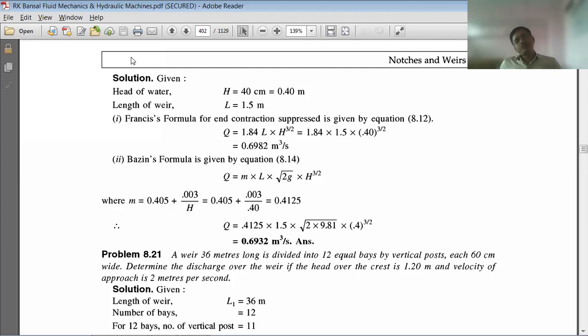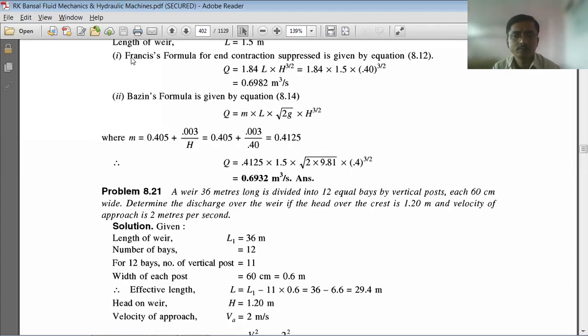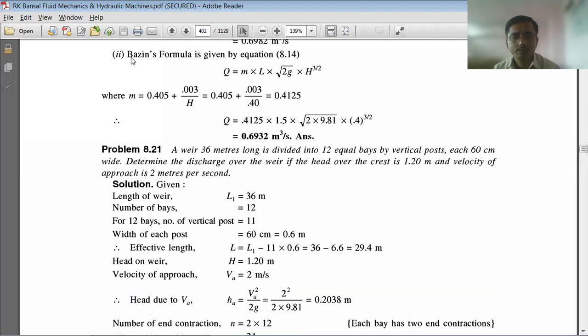Determine the discharge over the weir if the head over the crest is 1.2 meter and the velocity of approach is 2 meter per second.